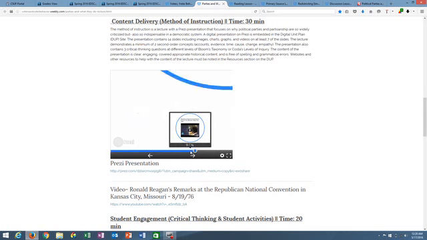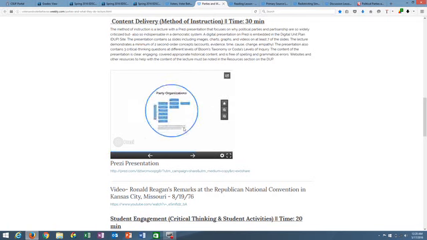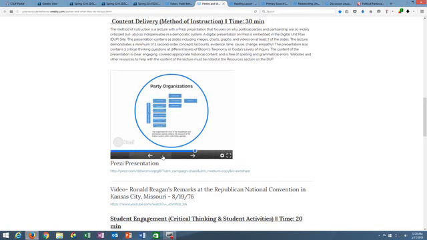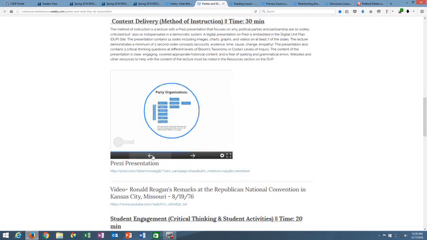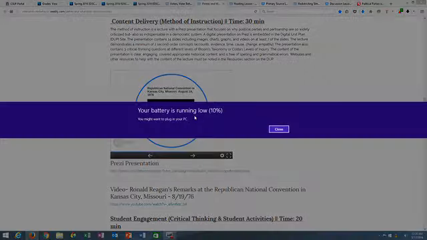Students are able to see through visuals, videos, and graphic organizers how it's applied. For example, this video here shows political parties, such as Reagan listed here.